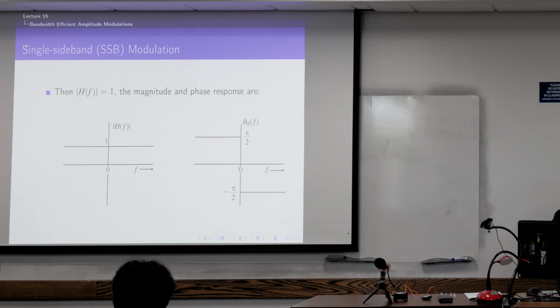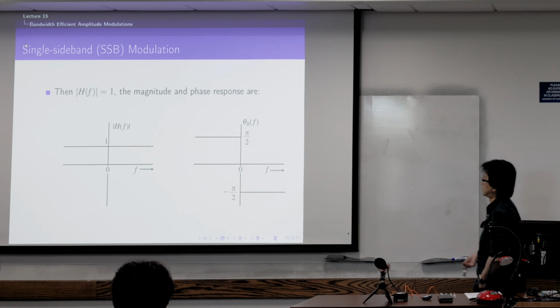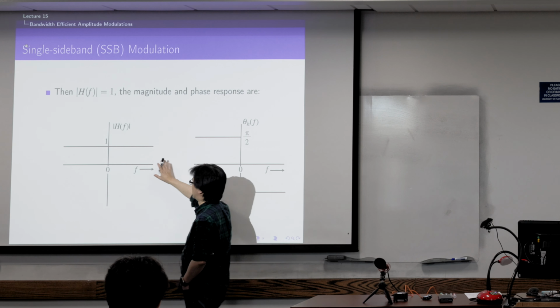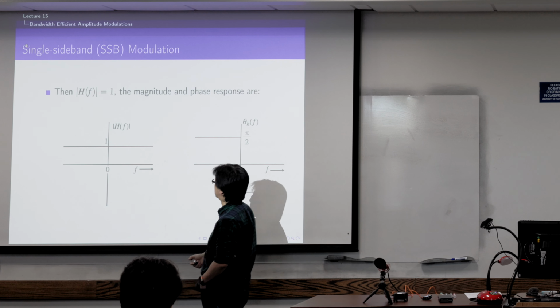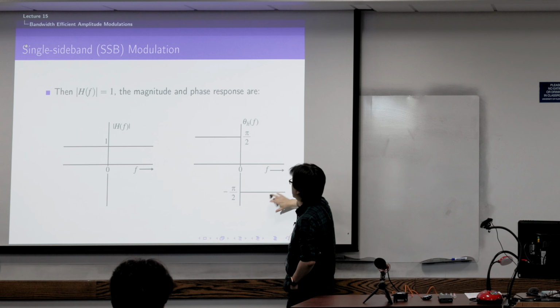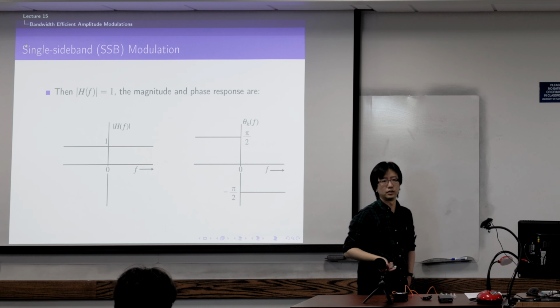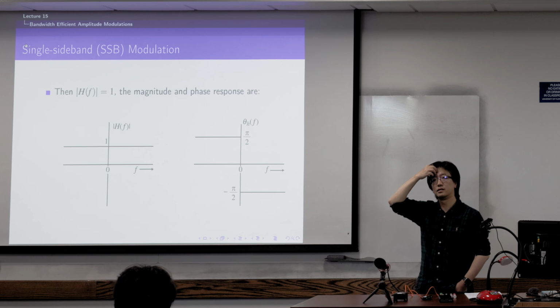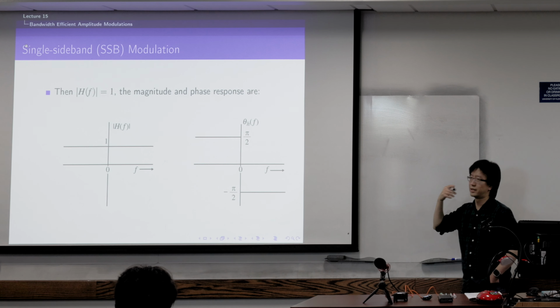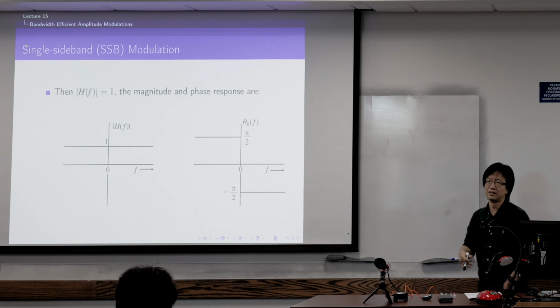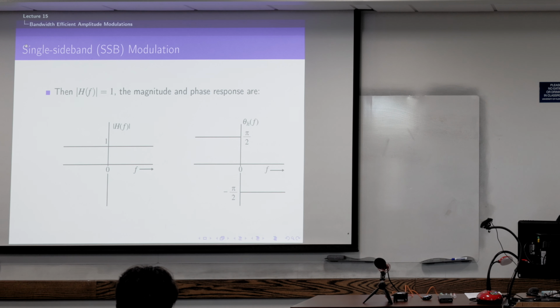The magnitude is just 1, so we don't change anything in terms of magnitude, but for the phase, we do a phase shift by either pi over 2 or minus pi over 2 in the frequency domain. If you think about it twice, it makes sense, because the other side cancels. That is what we're doing here.